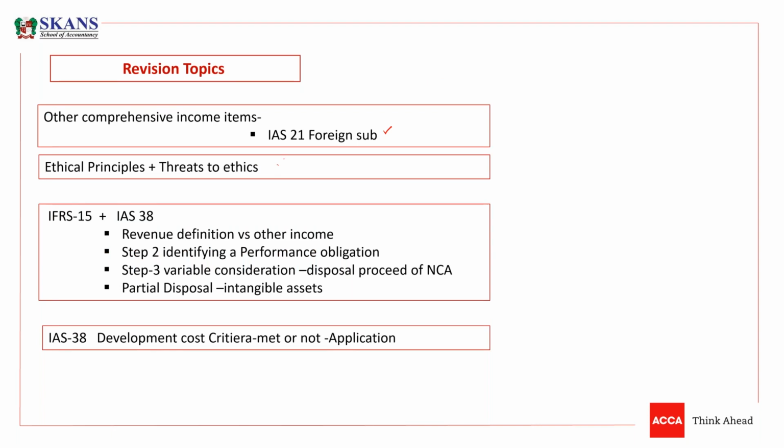I will quickly revise this, and I request everyone to watch the video from the Practice to Pass session from September 2021. In that video, I have discussed this concept in detail. I have already shared that video in the group. I will share it again in the group. So please, you have to watch those videos as well.